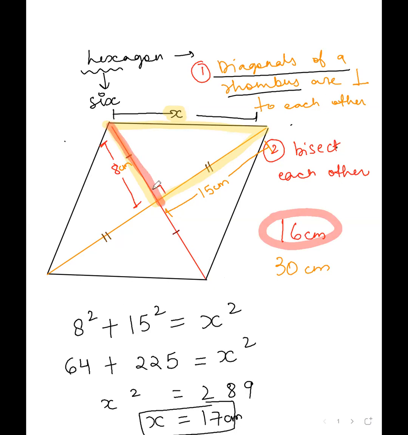Because we want to find the sides of this triangle. How do you know how much from here to here is? Well, you know for a fact that the diagonals of a rhombus bisect each other, meaning that this part and this part will be equal, meaning that this entire diagonal is being divided into 2 equal halves. Okay. So this red part is going to be half of the whole diagonal.